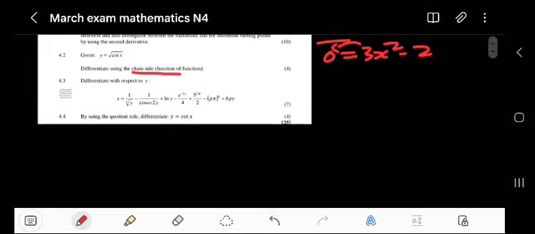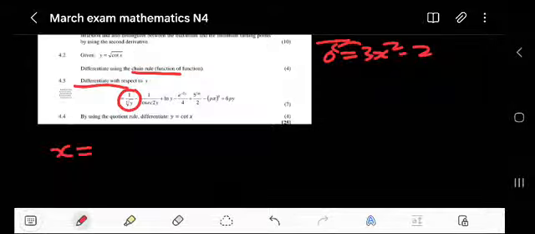All right, what we should differentiate: check that we differentiate with respect to y.